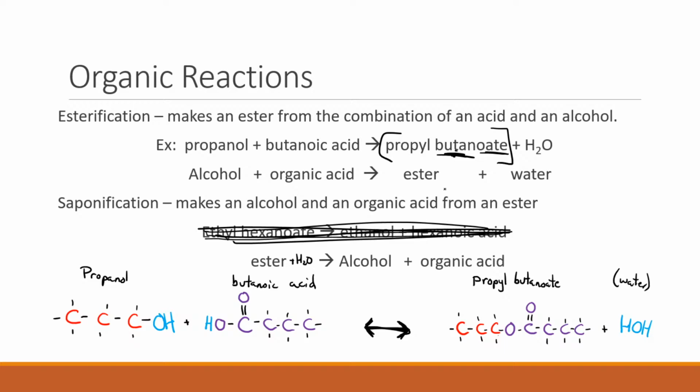And then the propyl is the branch off of the O. That comes from just the way we name esters. There is no spot to put this group anywhere else. It's replacing this H that was attached there.